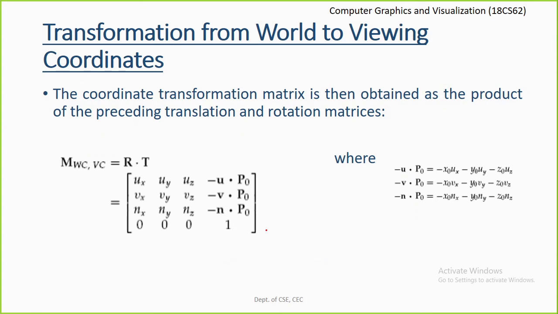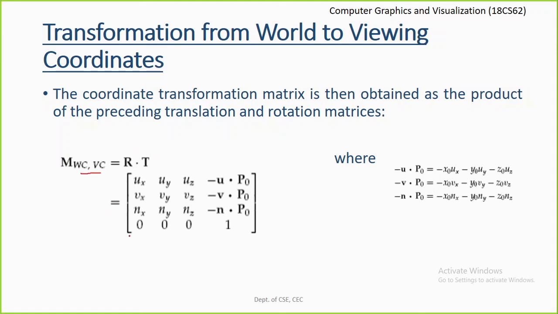Now to convert from the world coordinates to the viewing coordinates, we need to concatenate these two matrices. The composite matrix that we get after multiplying the translation matrix with the rotation matrix is represented as M_WC,VC, which is equal to R dot T. We first perform the translation and then the rotation.